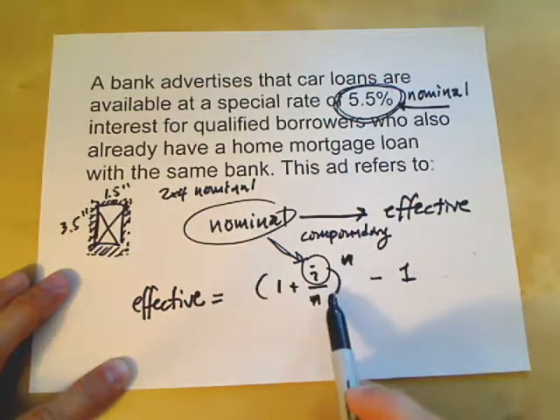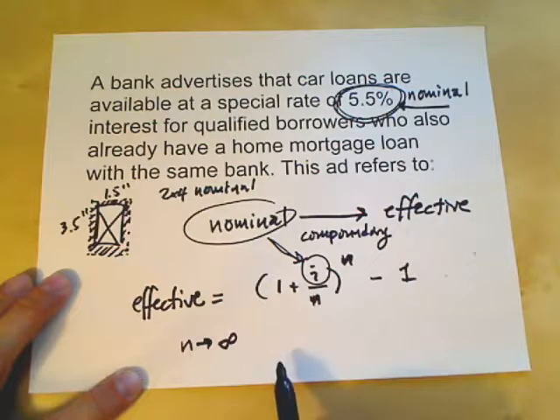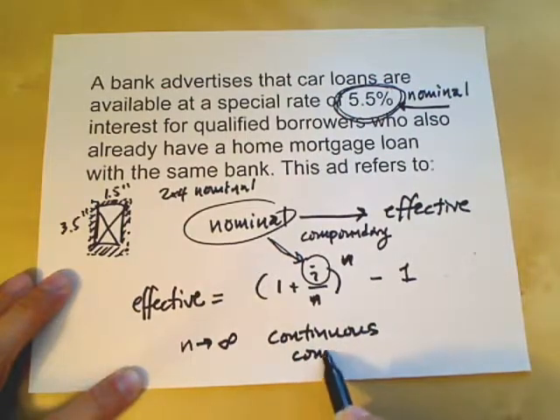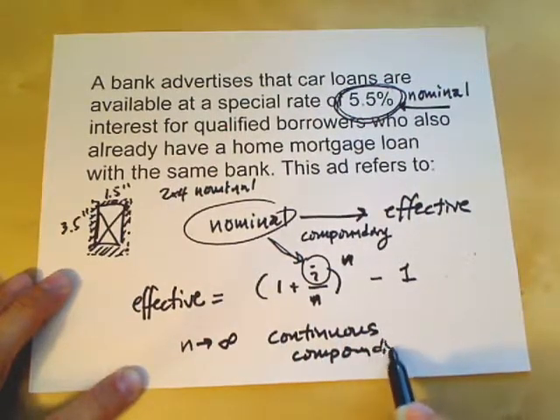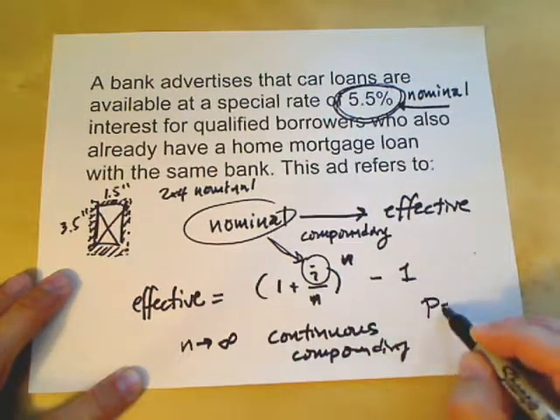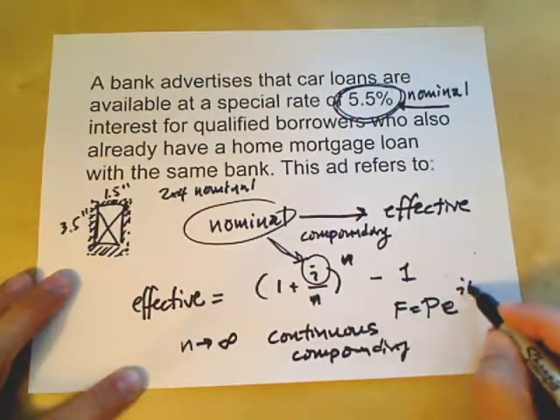Something really interesting happens when the number of compounding periods approaches infinity. That's called continuous compounding. And it will be interesting to see if you could derive the formula that we found earlier, e to the I t.